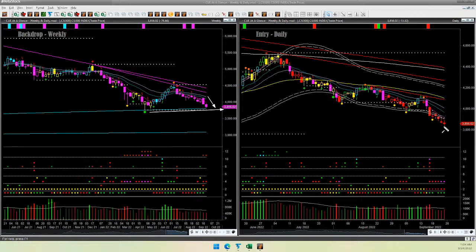Daily the trend line support is not showing, but that's fine. Every weekly trend line support is also understood to be a daily trend line support. Daily is bearish, coming down lower high, lower low. It's below the lower boundary. I'm not going to short. It is oversold for many days.